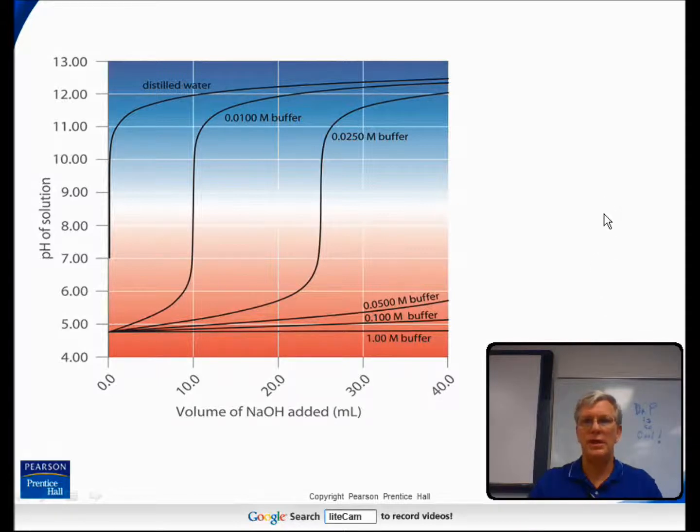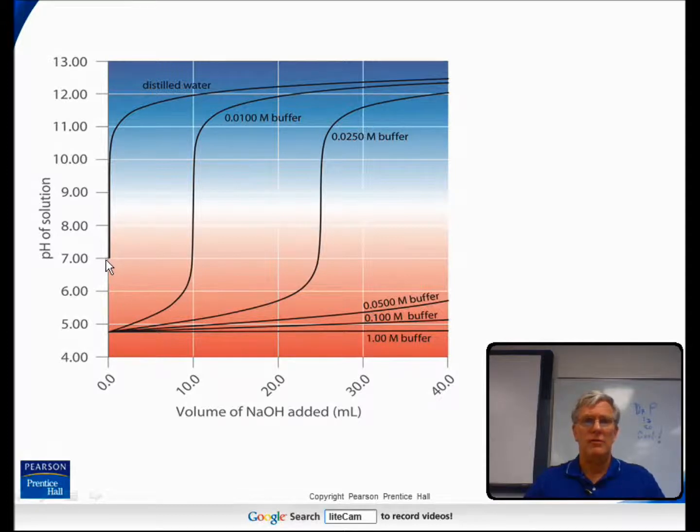This graph represents what happens to a fluid that has a buffer in it. On the left side of the graph, on the y-axis, we have the pH of the solution, ranging from 4 to 13, and on the x-axis we have different volumes of sodium hydroxide that will be added to the solutions. This first line represents distilled water, which has no buffer in it.